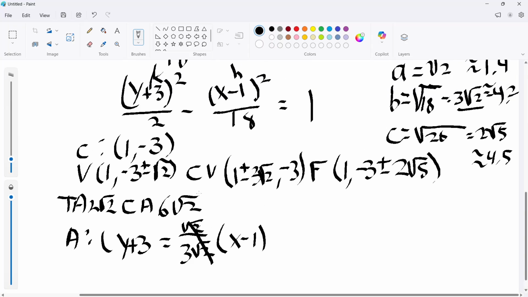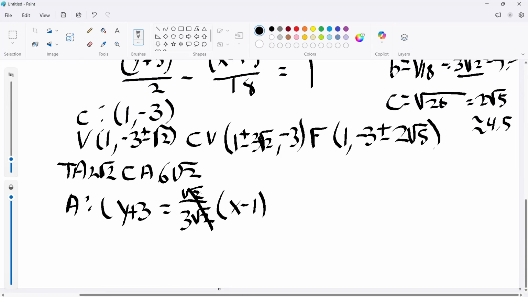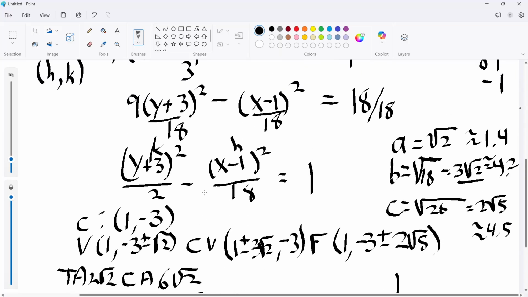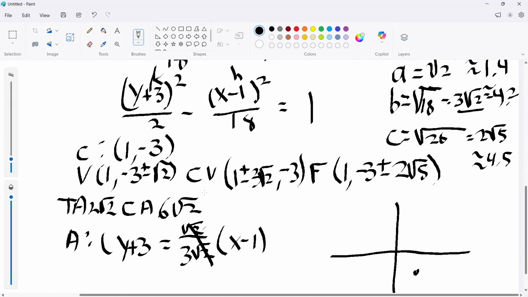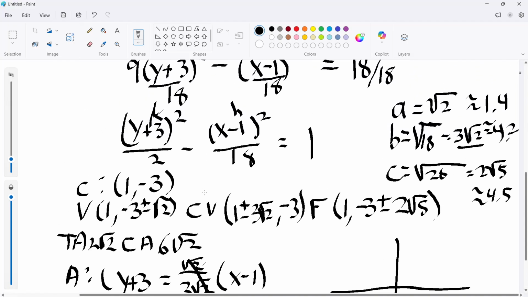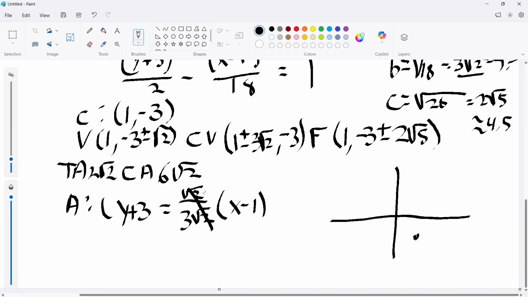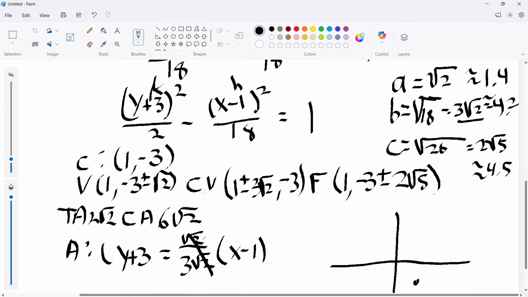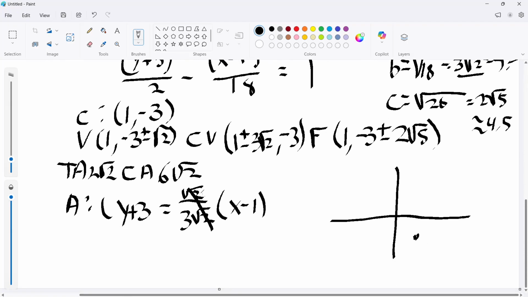So now I can graph this. I've got a center at 1, -3. So that's approximately here. You might have to label some of these things. I want the vertices at 1, -3 plus or minus 1.4. So -3 minus 1.4 is -4.4. So somewhere down here, -4.4.